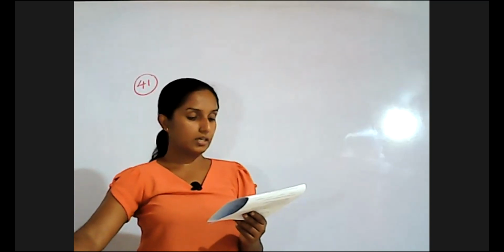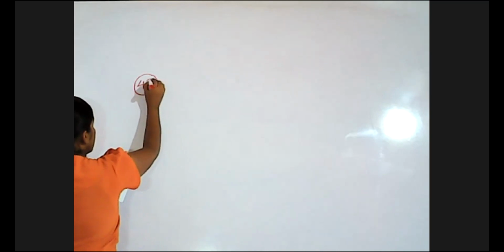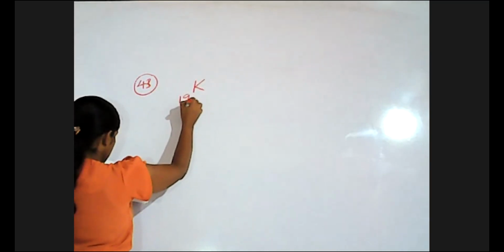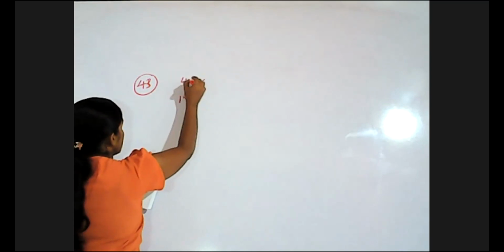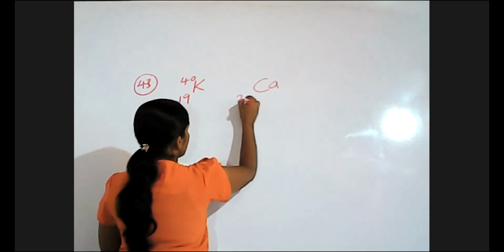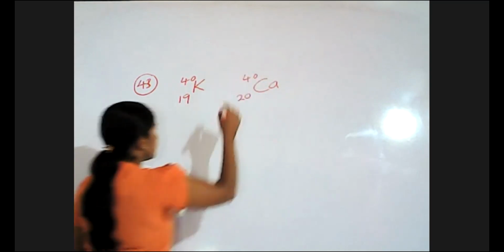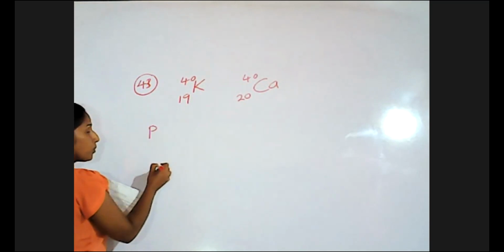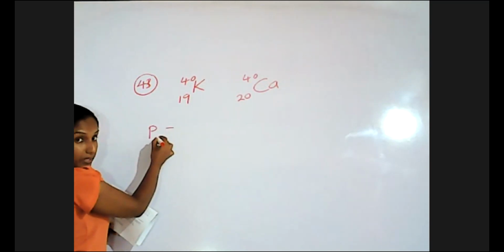43. Which of the following is equal in potassium 19, 40 and calcium 20, 40? When we consider these two, when we get the number of protons, that is the atomic number.